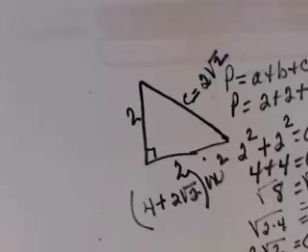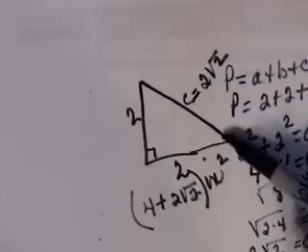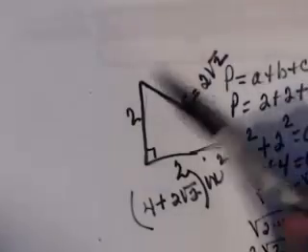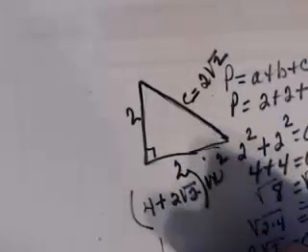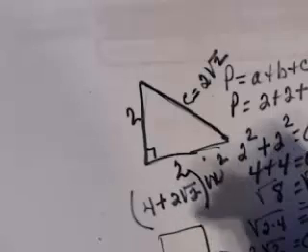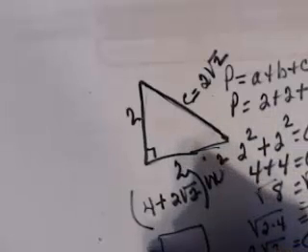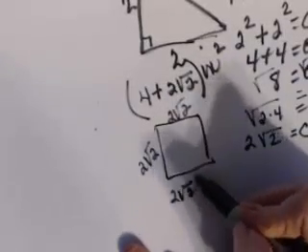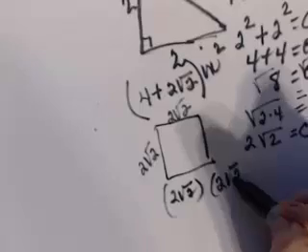So as you look at those pieces, you may need to put them back together to make the square so that you can see the relationship between all the pieces. So if you have a square that has a side 2 radical 2, then you know that the area of that would be 2 radical 2 times 2 radical 2.